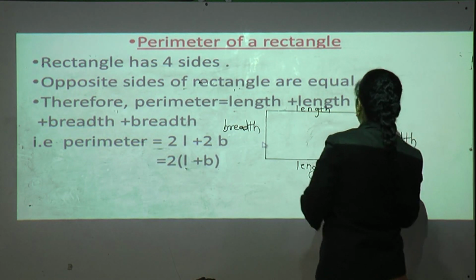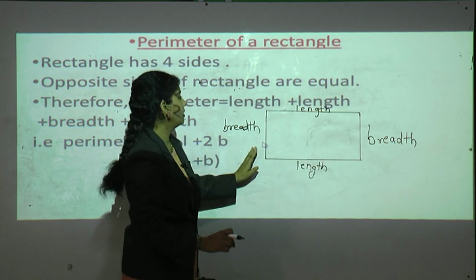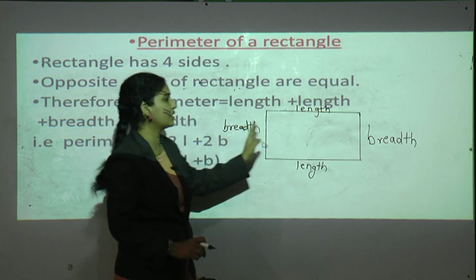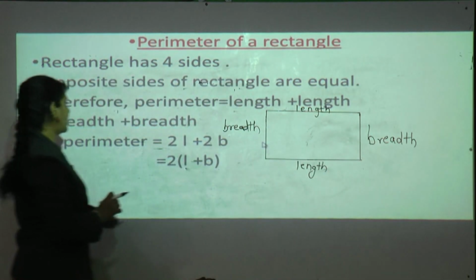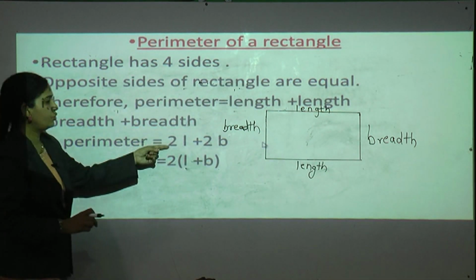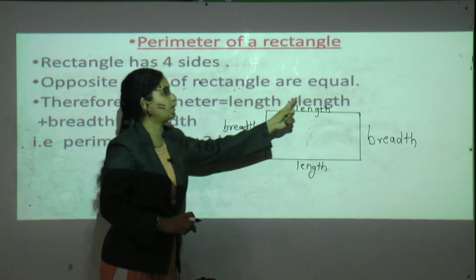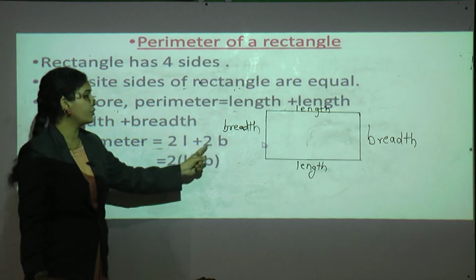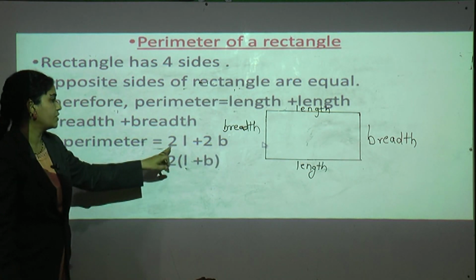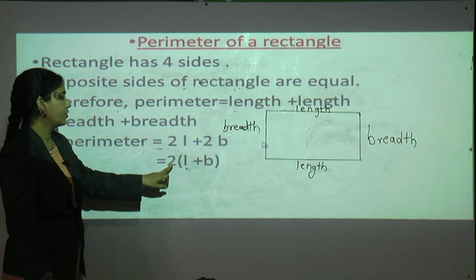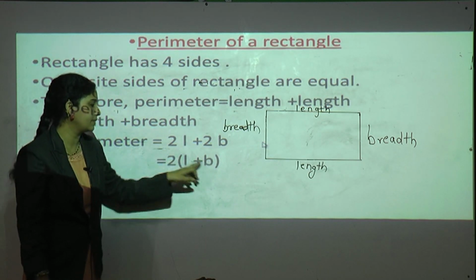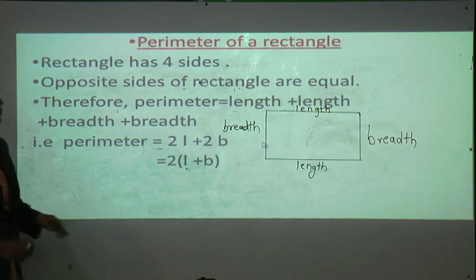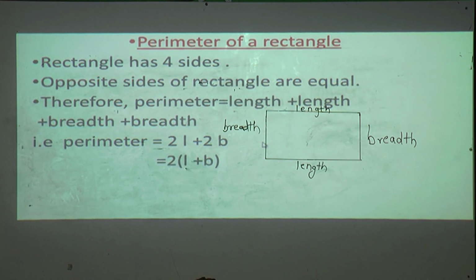So the perimeter of a rectangle is equal to 2L plus 2B. Length plus length means 2L, and breadth plus breadth means 2B. Take 2 common: 2 multiplied by length plus breadth. This is the formula of the perimeter of a rectangle.